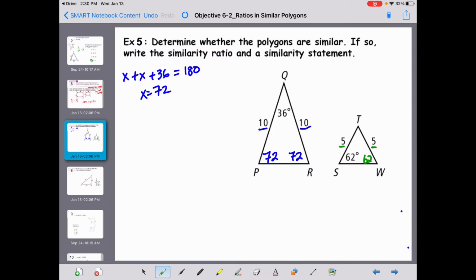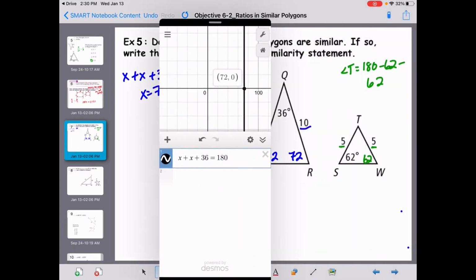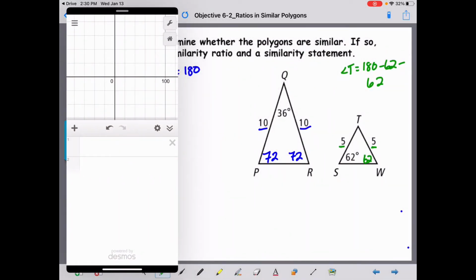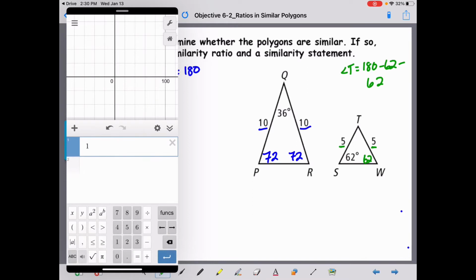How would I find angle T? Angle T would be 180, subtract 62, subtract 62. Let's see what I get. 180, subtract 62, subtract 62. I get 56. So that's 56 degrees.